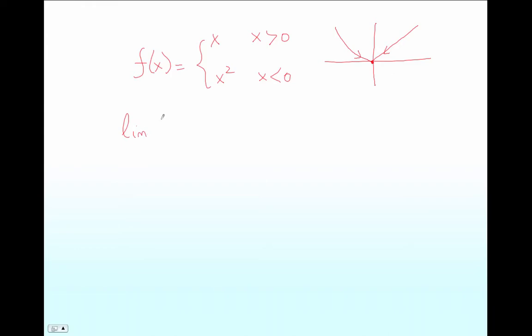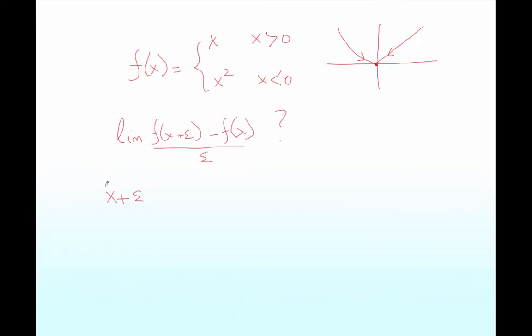Let's look at if the limit of f of x plus epsilon minus f of x exists. Does it? Well, let's examine this. From the left, we get x plus epsilon squared minus x squared divided by epsilon, and the result that we get is x squared plus 2 epsilon x.